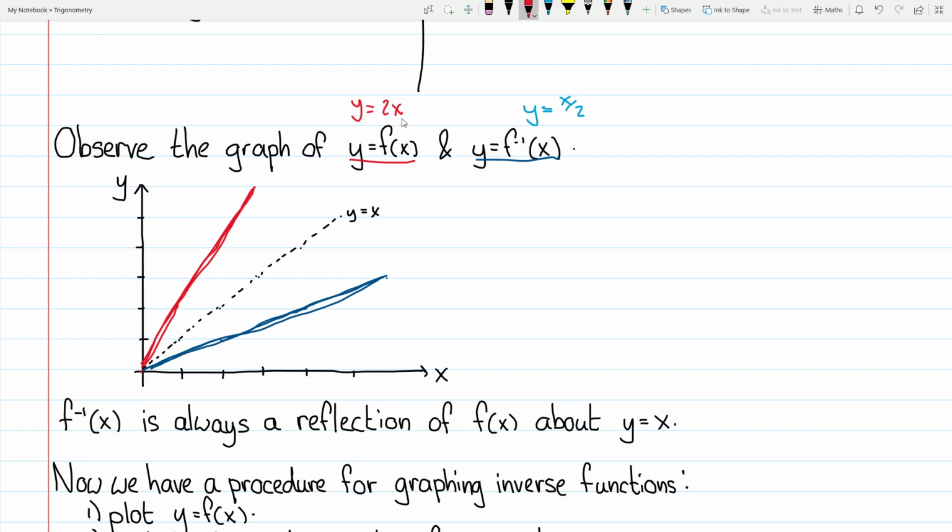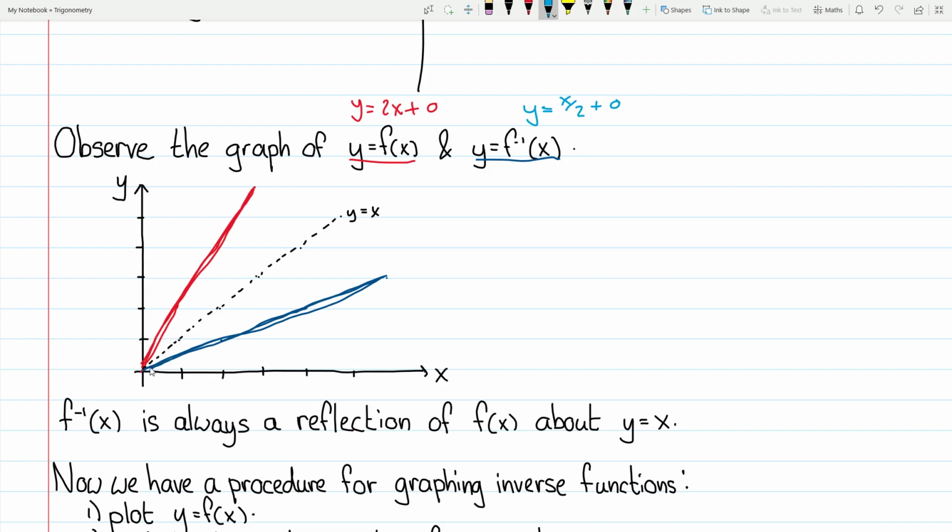This is plus 0 and plus 0, so the intercept for both of these is going to be 0. And for the slope here, every one along we go up 2, because 2 is the slope. Here our slope is a half, so every one along we go up a half. So these are the graphs of these two lines.